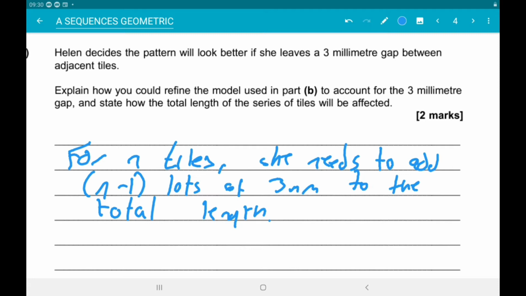So what this means, theoretically, is that there is not necessarily a limit to the total length of the pattern.